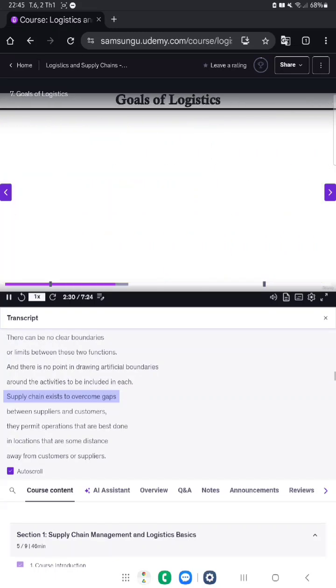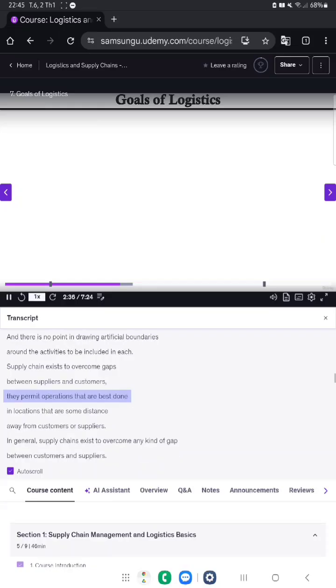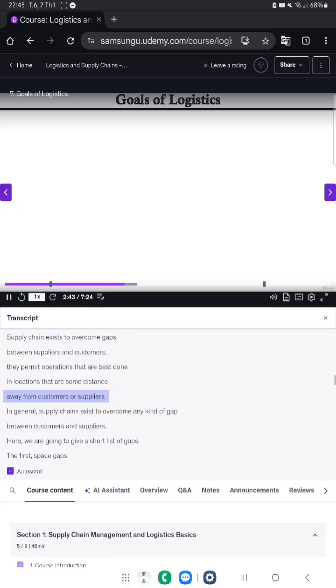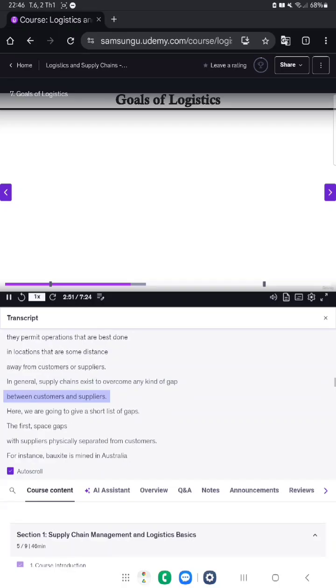Supply chains exist to overcome gaps between suppliers and customers. They permit operations that are best done in locations that are some distance away from customers or suppliers. In general, supply chains exist to overcome any kind of gap between customers and suppliers.